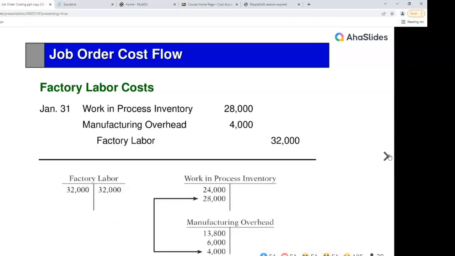There you have it. So now I zero out factory labor expense, and I say that 28,000 is the direct labor. So in the work in process inventory account now, I have the material and I have the labor. I have 2 of the 3 costs. In the manufacturing overhead, I simply have some more indirect labor costs.